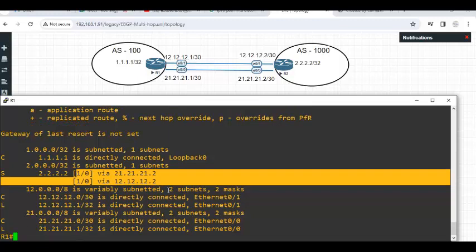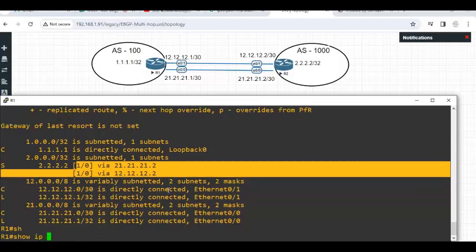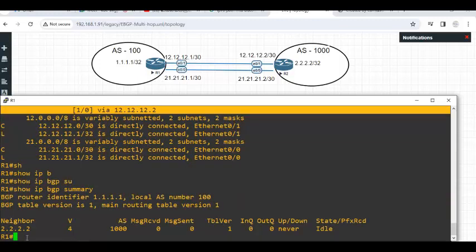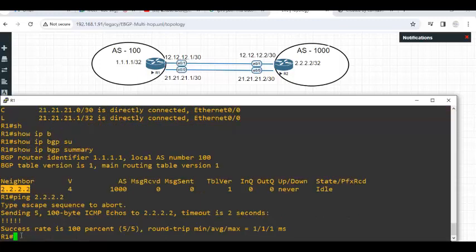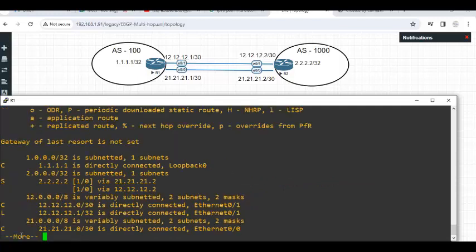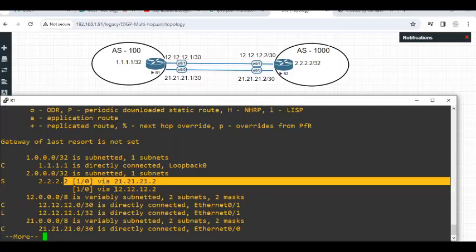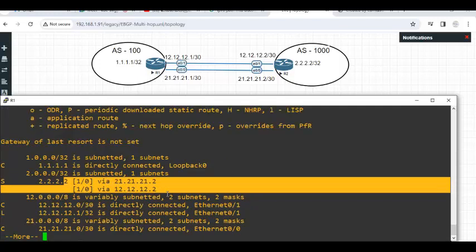BGP is expecting it to be directly connected, but the routing table says no. That's why the neighbor is not coming. Now, how can I tell BGP it's okay, no need to be directly connected? You have to tell BGP.